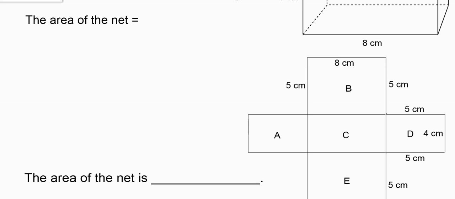in this case, if we look at the area of rectangle A, this is going to be 5, and this one here is going to be 4.